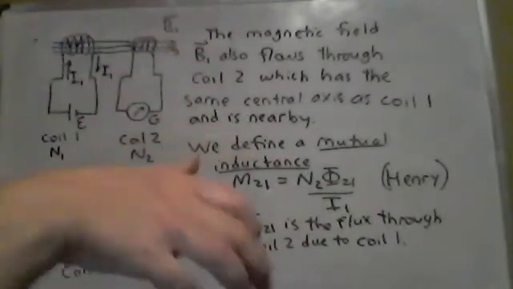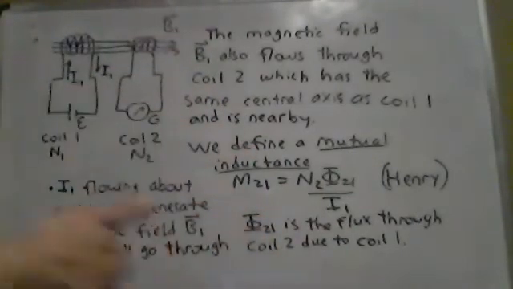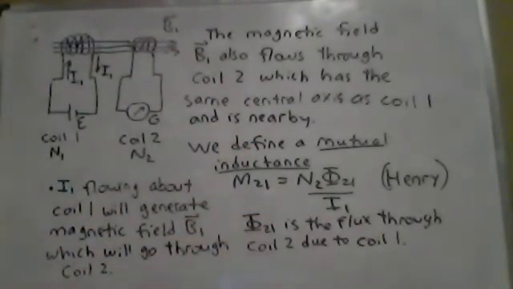By Ampere's law, it'll generate a magnetic field through coil 1, and hence it'll give you a magnetic flux through coil 1. But those magnetic field lines are also going to go through coil 2, and so coil 2 is going to also have a flux set up.